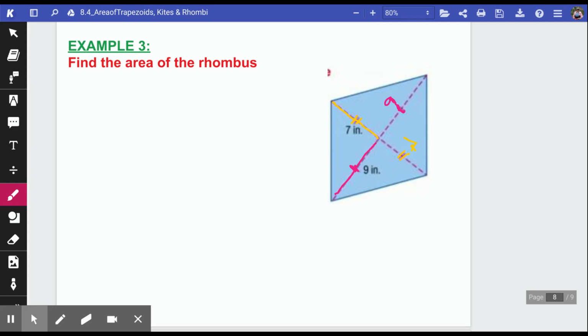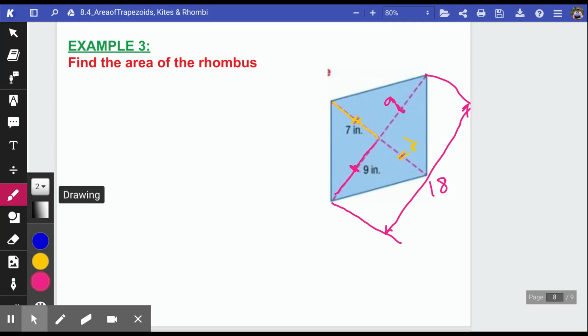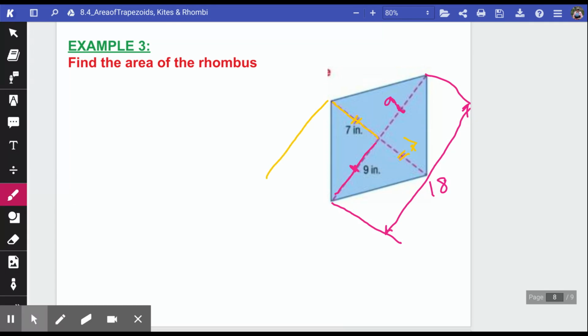So if I pull this out here and I pull this out here, then I know the distance from there to there. The length of that diagonal is 9 plus 9, which is 18. Then I can do the same thing with my other diagonal, and that distance right there, 7 plus 7, is 14.